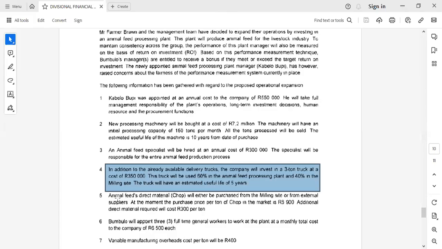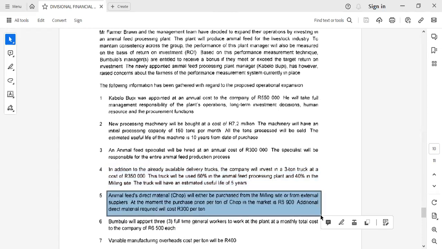Then animal feed direct material will either be purchased from the milling site or from external suppliers. At the moment, the purchase price per ton of chop in the market is 6,900. Additional direct material required will cost 300 per ton.